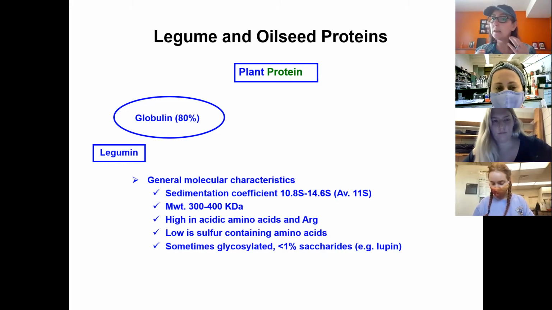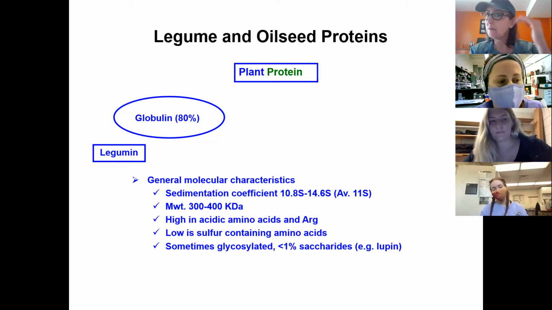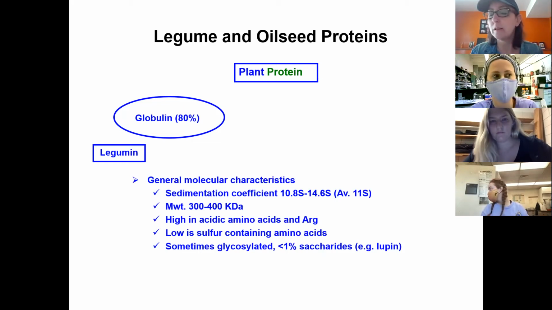So you have a wide range of molecular weight of that polymer. It differs not only between varieties within one species, it differs between species. So the legumin in soy versus pea versus chickpea vary in their range of molecular weight.